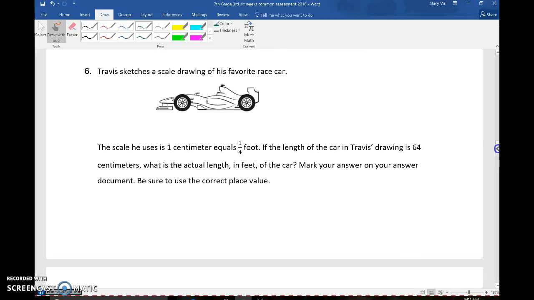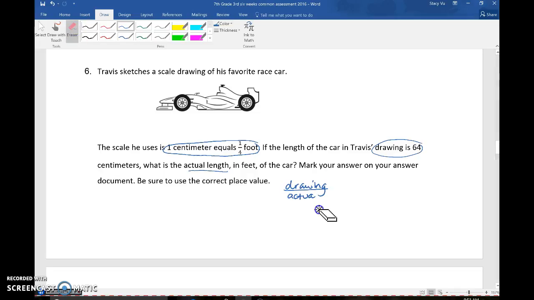Okay, so next one, number 6. Travis sketches a scale drawing of his favorite race car. The scale he uses is 1 centimeter equals 1/4 foot. The length of the car in the drawing is 64 centimeters. What is the actual length? So again, this is a drawing over actual, and we're going to match up our measurements.